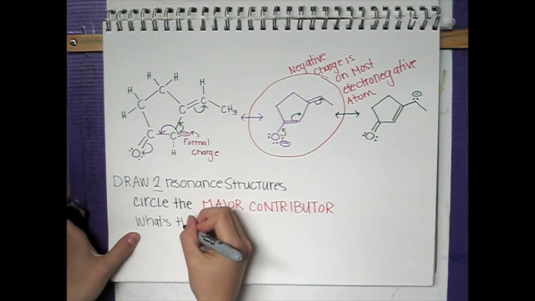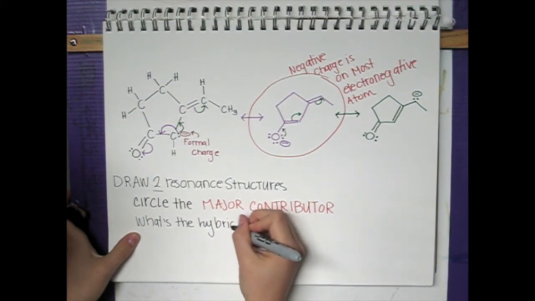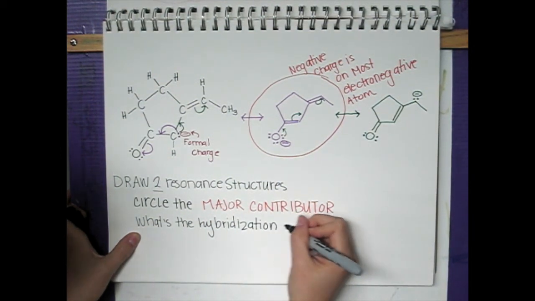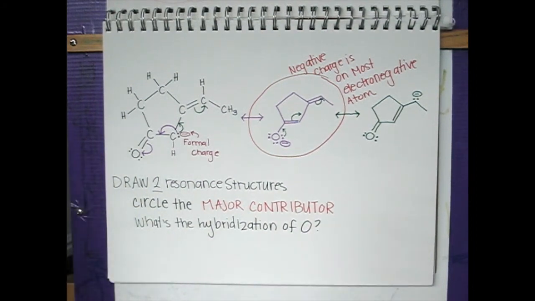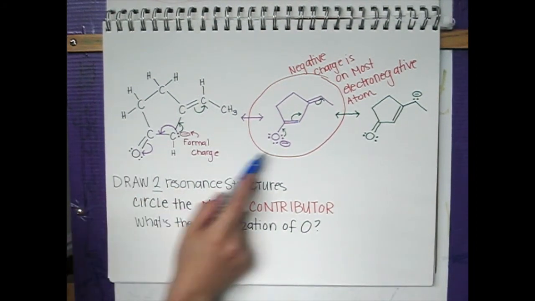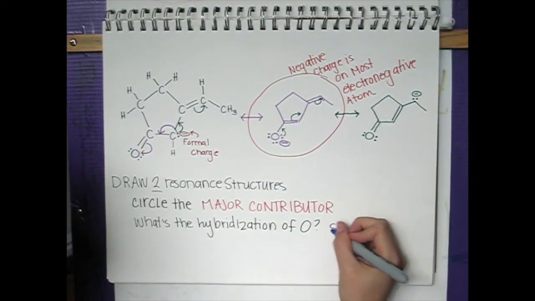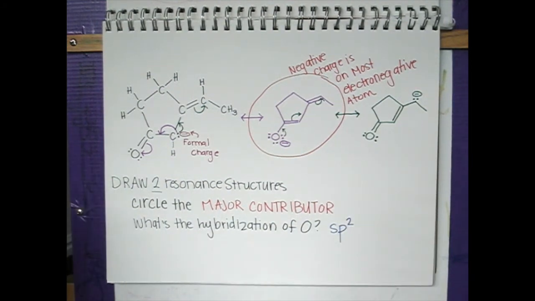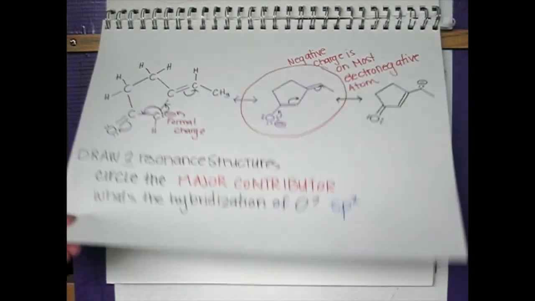Finally, what's the hybridization of oxygen? Oxygen has pi bonds and 3 areas of bonding, so it's sp2. Awesome.